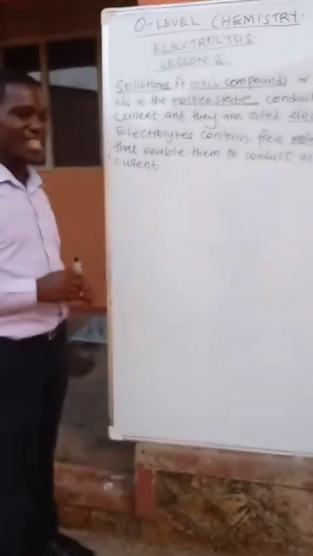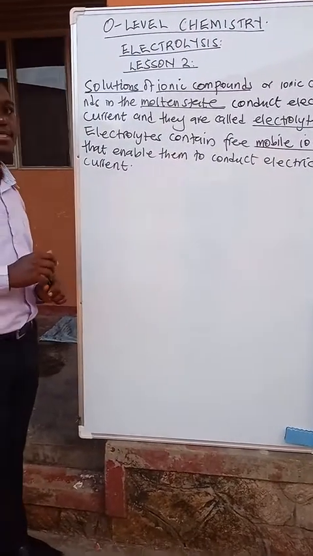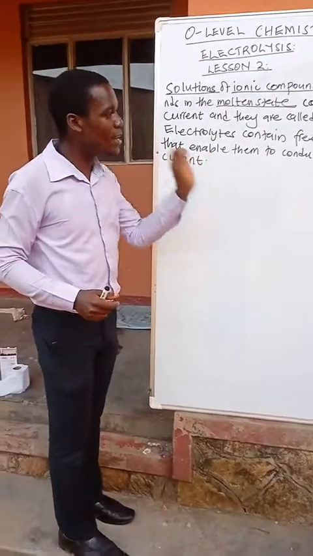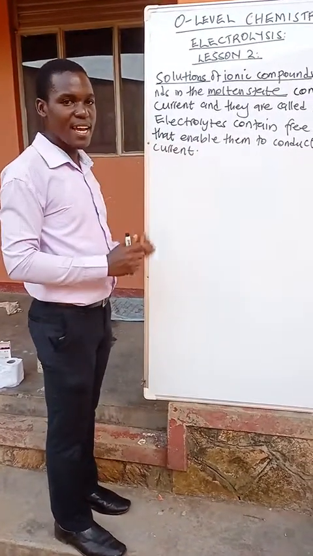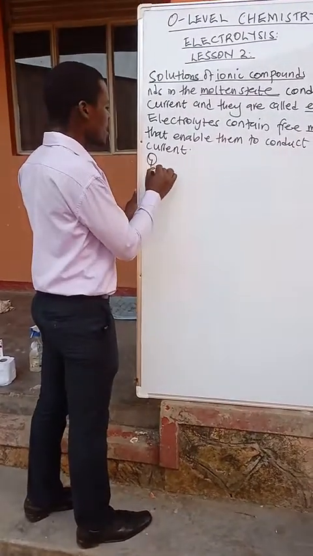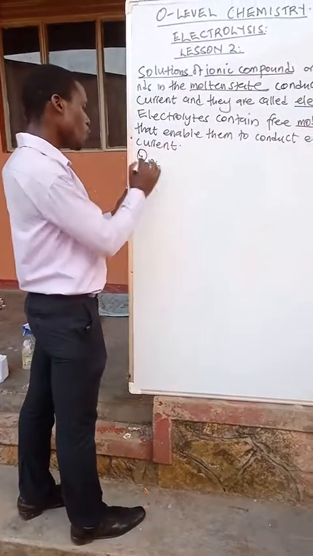You understand? Yes, and when these ionic compounds are in their solid states, they can never act as electrolytes, meaning that they cannot conduct electric current. So I think it is very, very important to get an answer for this question. Yes. What is the question?